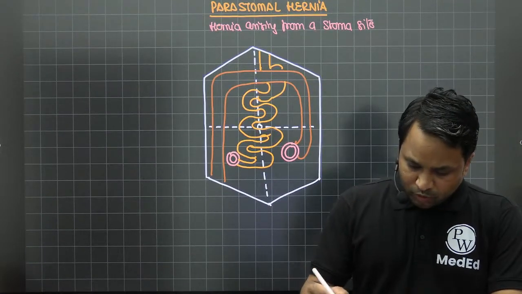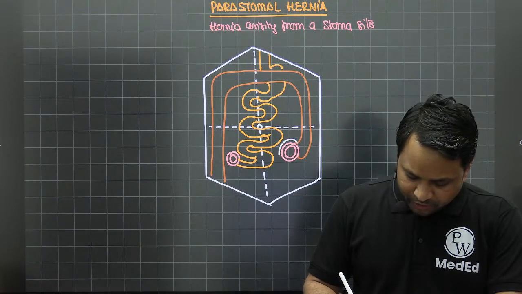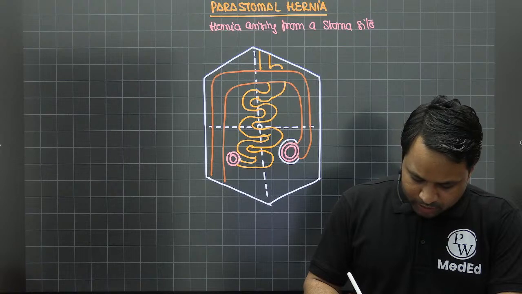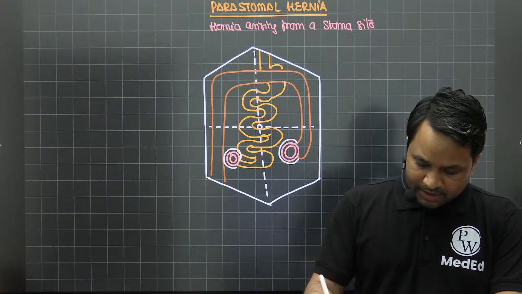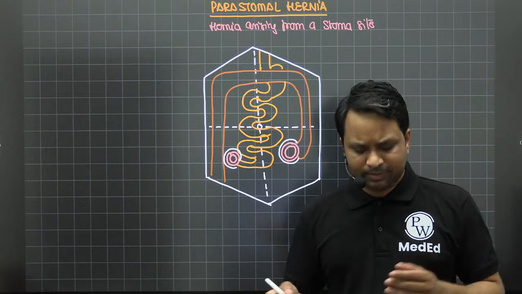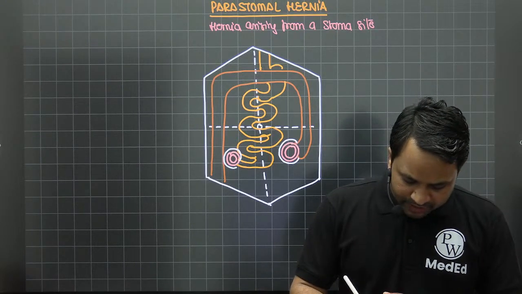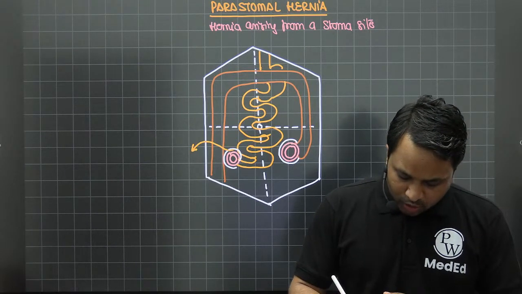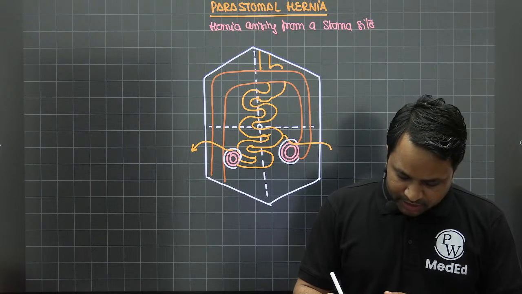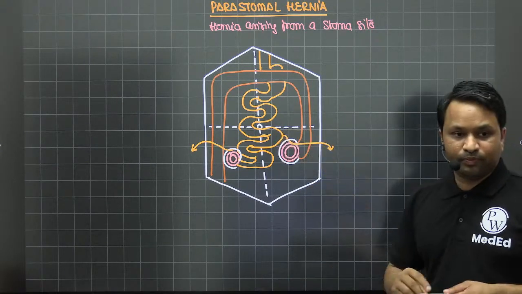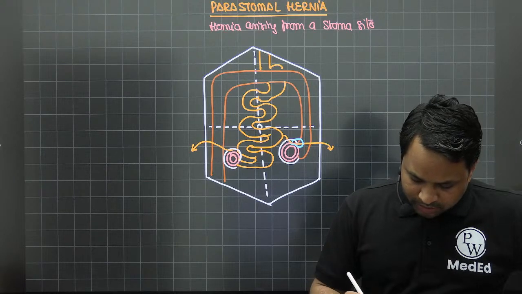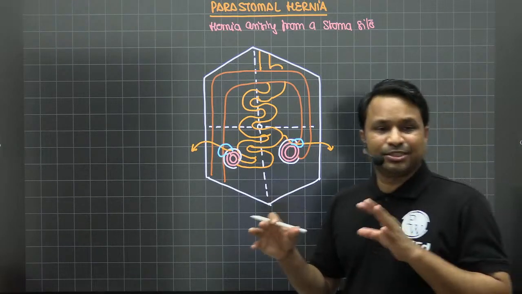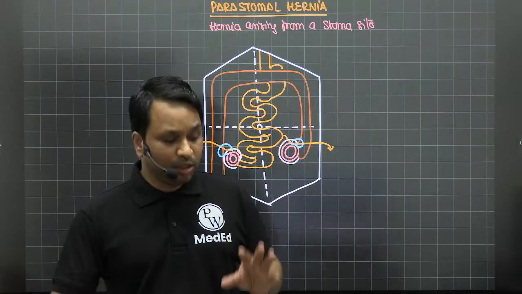Now, whenever you open this area onto the skin surface, it is creating some amount of weakness. So what can happen is a part of the bowel, usually the small bowel, can invaginate through this and pop out. Now, if the small bowel invaginates through this and pops out on the outer surface, this is what we call a parastomal hernia.